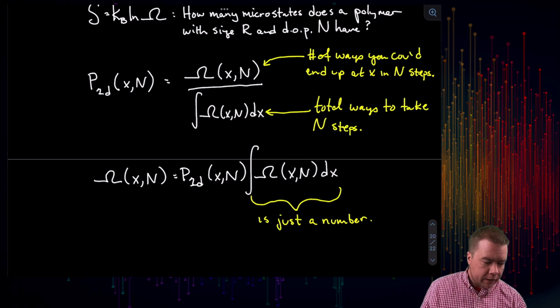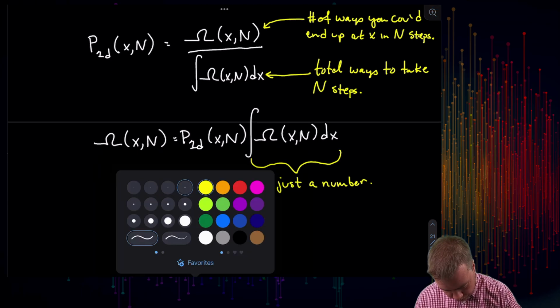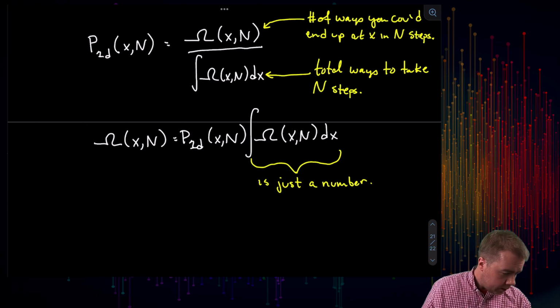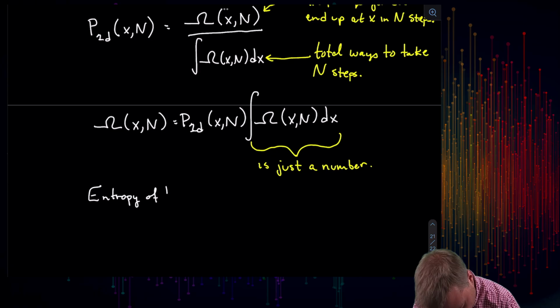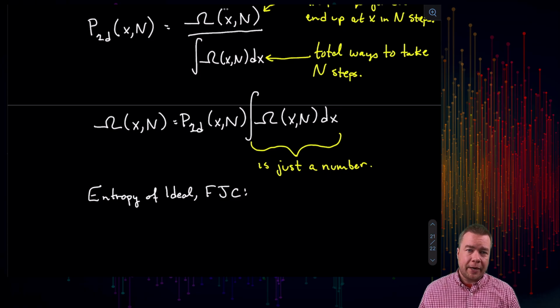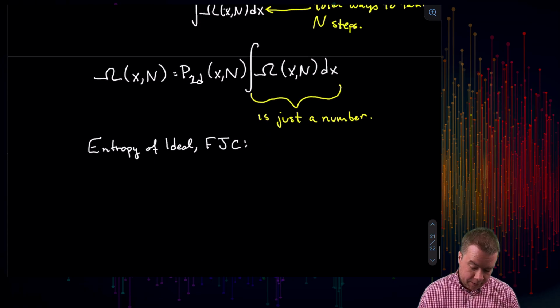So if we want to calculate the free energy of the polymer chain, then we need to calculate the entropy. So S, let me write this out. So the entropy of an ideal freely joined chain, we will use this property of the microstates and the probability functions to get that.